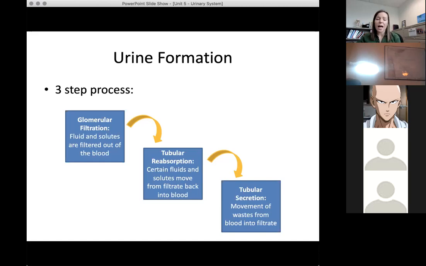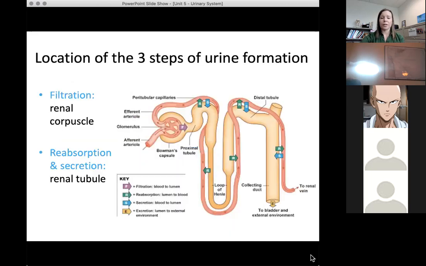Okay, and then after that last process, everything that remains in the filtrate is going to ultimately become urine and be excreted in urine.